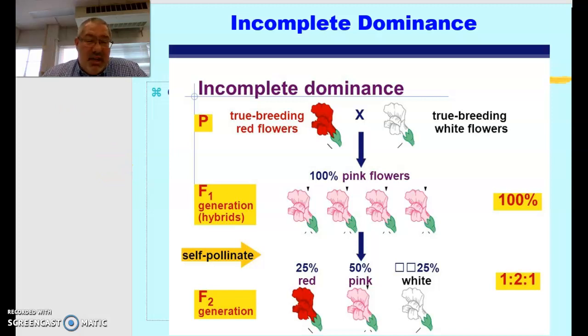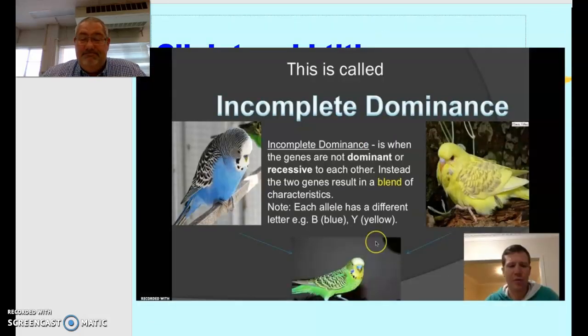Incomplete dominance is kind of analogous to saying blending. The F1 offspring are intermediate in their phenotype from both of their parents. A blue and yellow parakeet produce green offspring, a blend of characteristics.